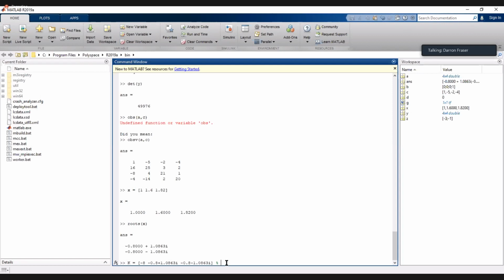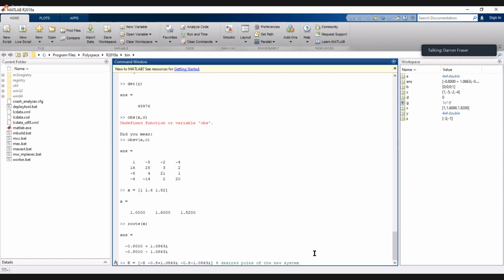All right, so: desired poles of the new system.